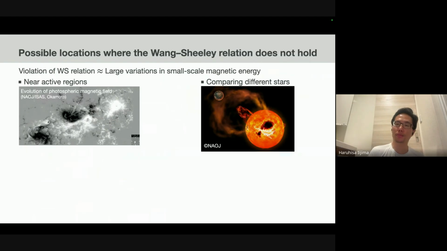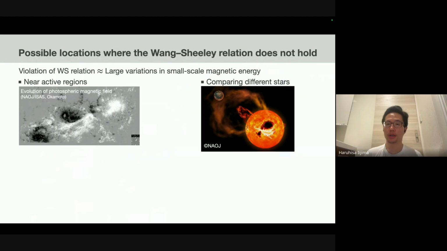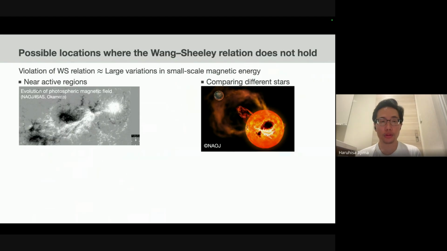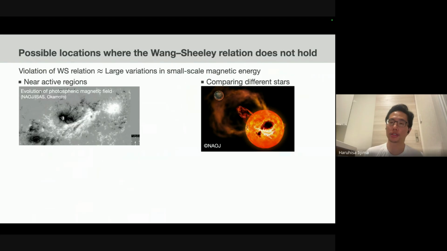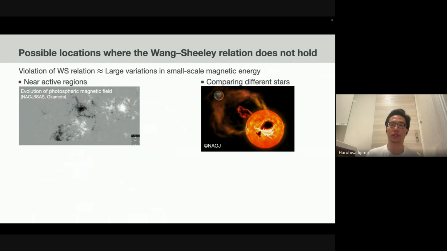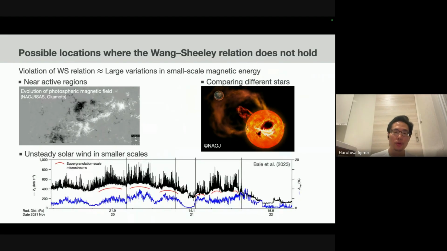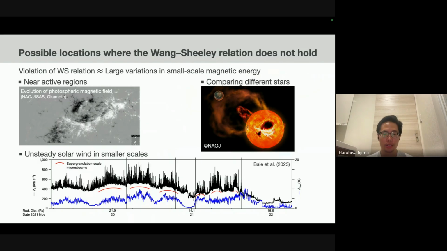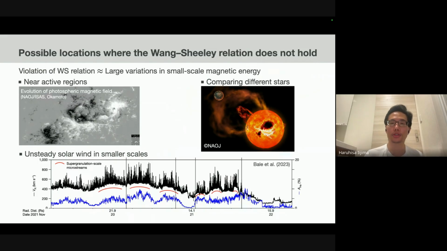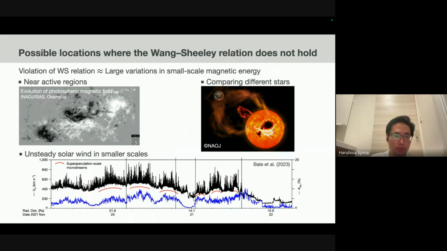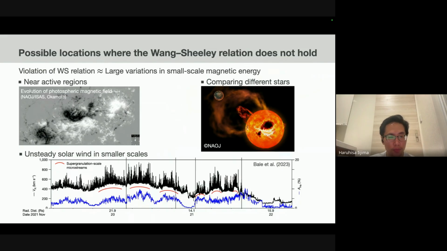And also, if we compare different stars, the Sun and different Sun-like stars, their small-scale magnetic energy may be different. So it's very dangerous to rely only on the Wan-Shelley relation. And also, if we focus on the unsteady nature or the small-scale nature of the solar wind, the Wan-Shelley relation will not hold. For example, these are observations by the Parker Solar Probe.